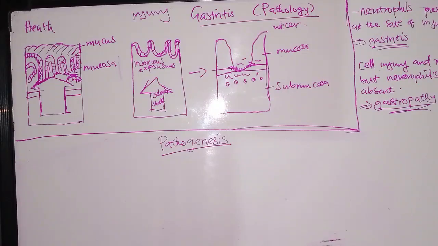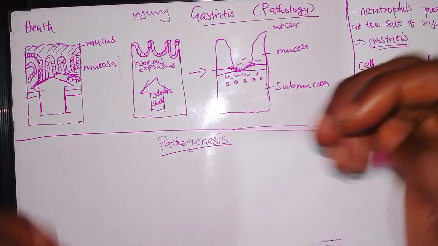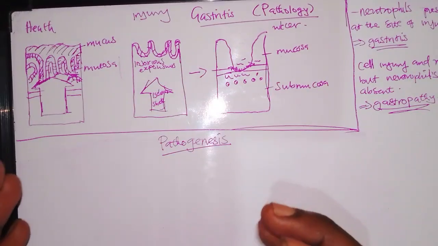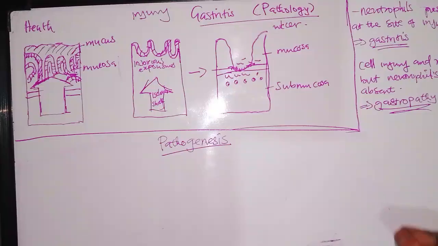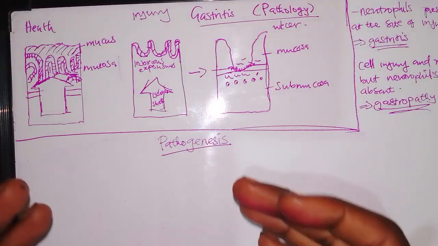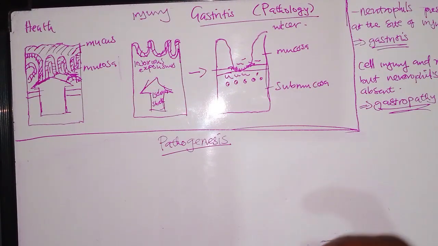So how does this disease begin? Before we understand how gastritis starts, we have to understand the protective mechanisms that protect the stomach from digesting itself, because we know that the stomach secretes a lot of hydrochloric acid.